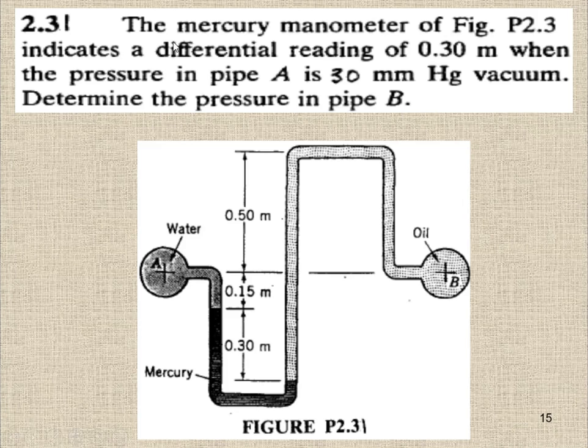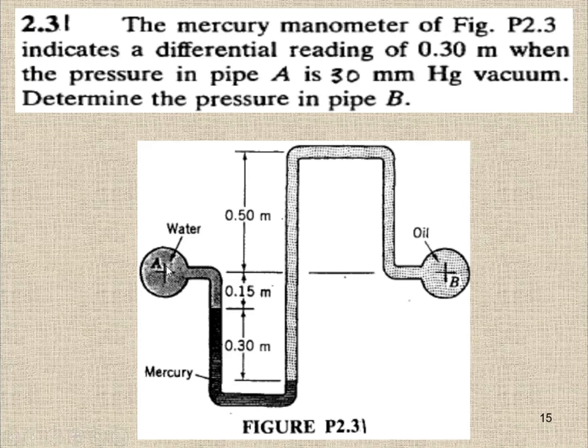So here in the problem, the mercury manometer of figure 2.3 indicates a differential reading of 0.3 meter when the pressure in pipe A is 30 millimeter Hg of vacuum. Okay, so we are seeing the differential. The level is balanced up to this point, and this is the manometric fluid, and the differential is 0.3 meter.